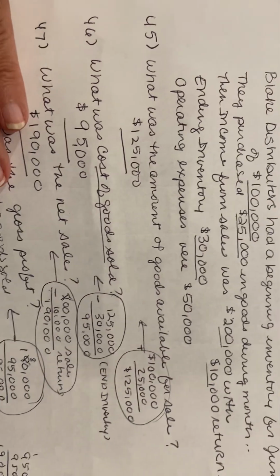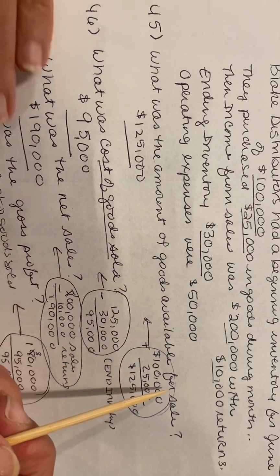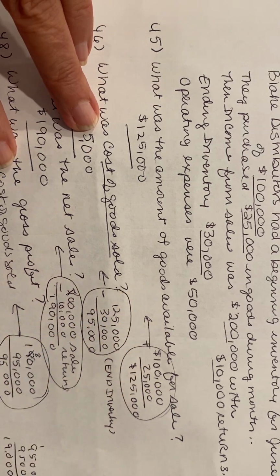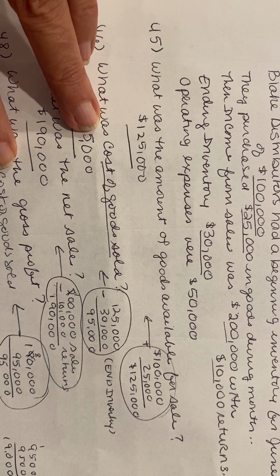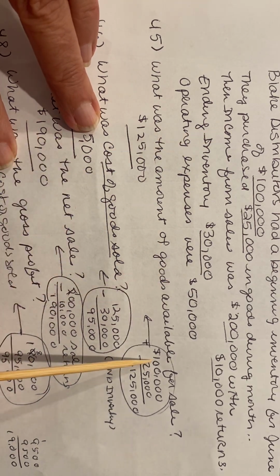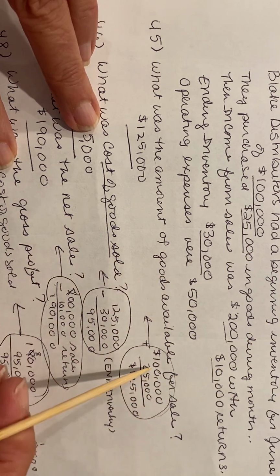So the first question in 45 says, what was the amount of goods available for sale? So what was our goods available? It says right here, 100,000 beginning inventory. That was our inventory, basically 100,000.